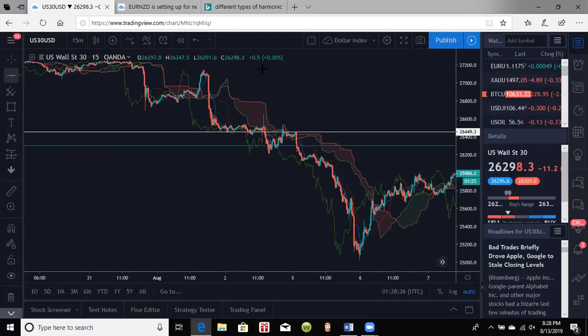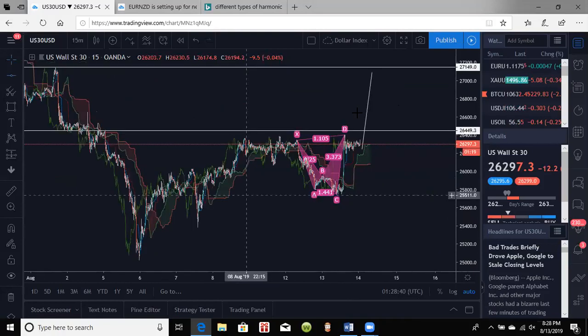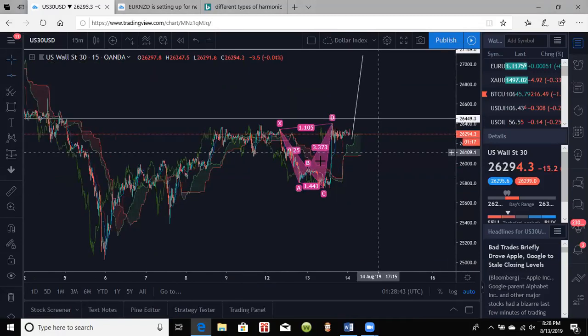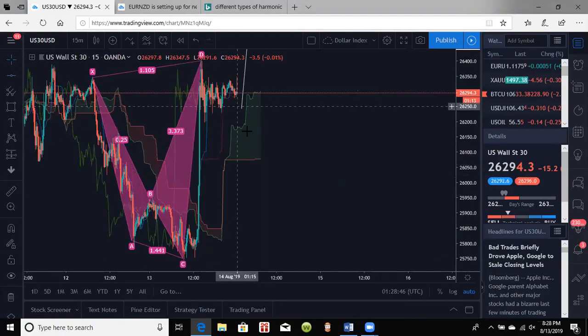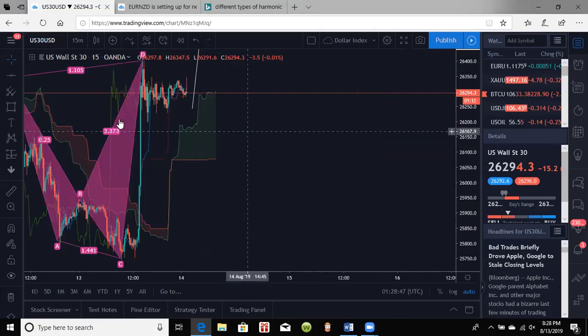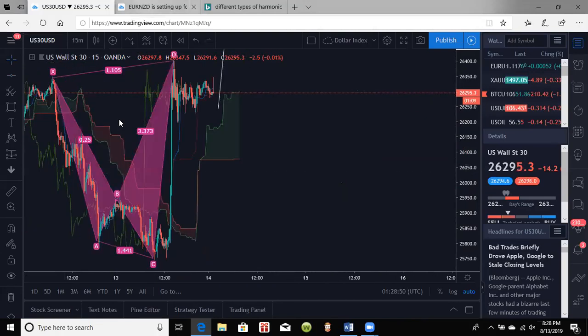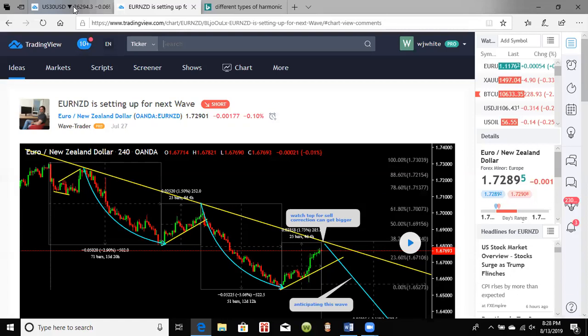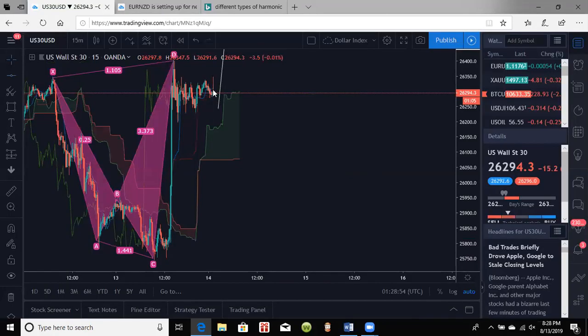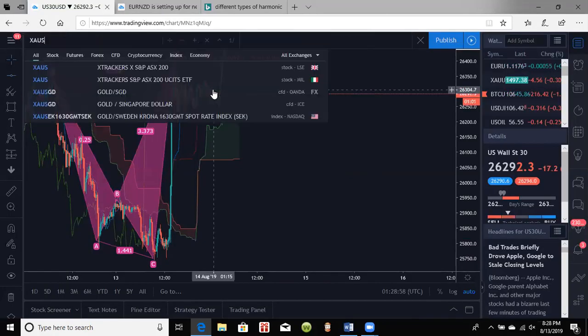So you could further go into a buy. But I can see this going into a sale, consolidating, right? So let's look at gold. XAUS.